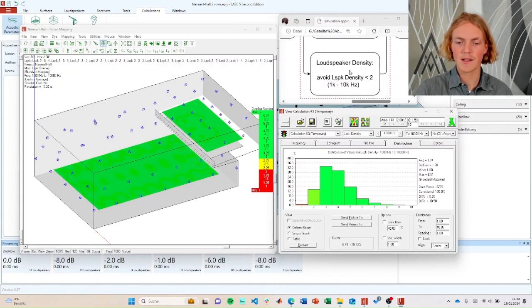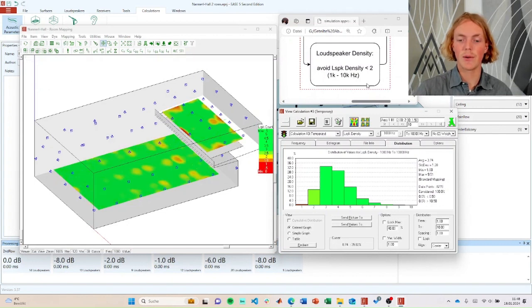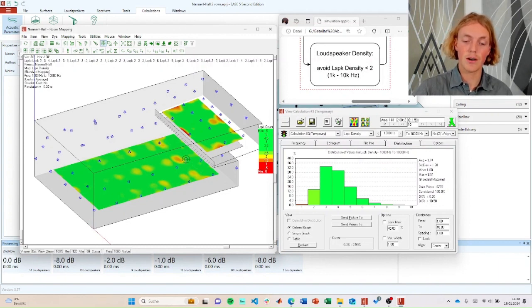For the loudspeaker density, we want to avoid areas with a value less than 2, and here we can see that there are indeed a few spots where the density is below 2, but really only a few ones, and especially here in the main room one can nicely see that the density is very good, and that the risk that there's a loudspeaker that disrupts the natural sound impression is low.